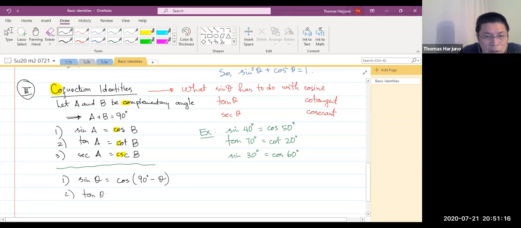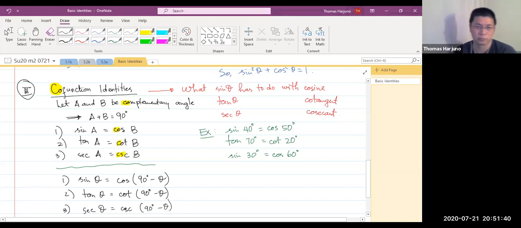Tangent theta equals cotangent of 90 degrees minus theta. And finally, secant theta equals cosecant of 90 degrees minus theta. Either you memorize this one or this one, they are equivalent.